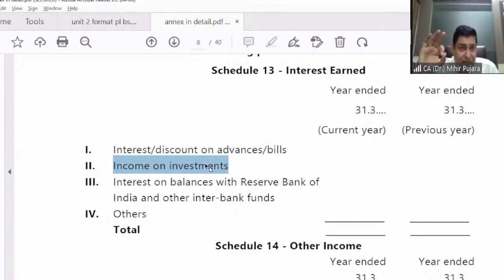Please write, guys. Don't only refer to the module and say, okay, fine, sir, we got it. Write wherever you want to write, please. In Schedule 13, there will be 4 items. First, interest on advances and bills. Second, interest from RBI or from other banks. Third is discount. And fourth is income from investment.